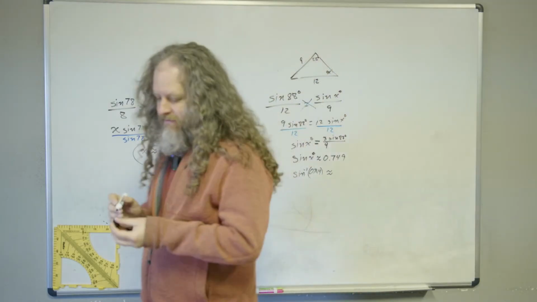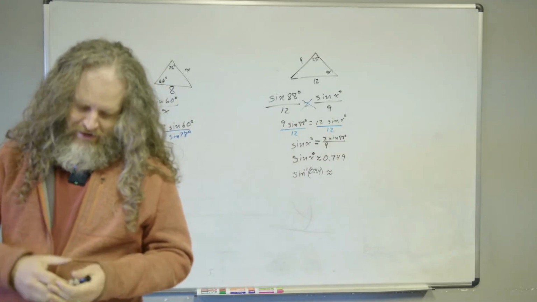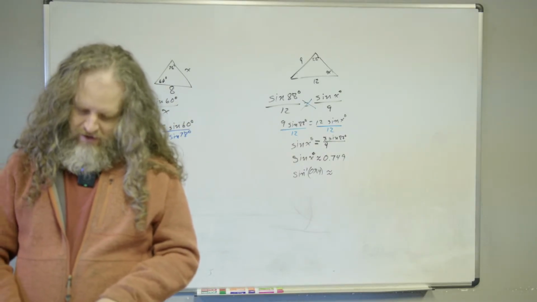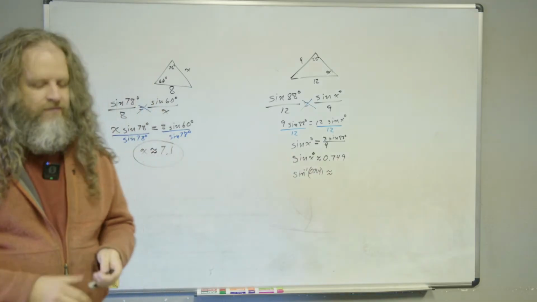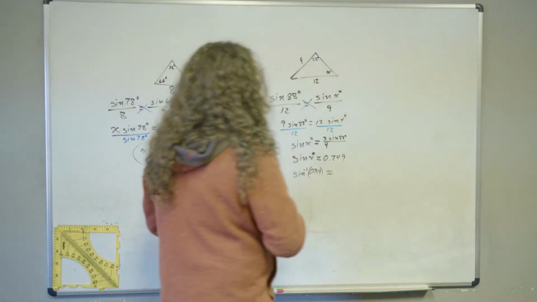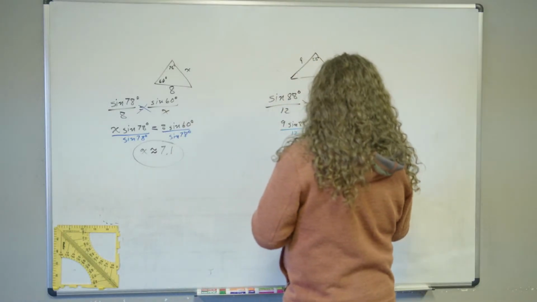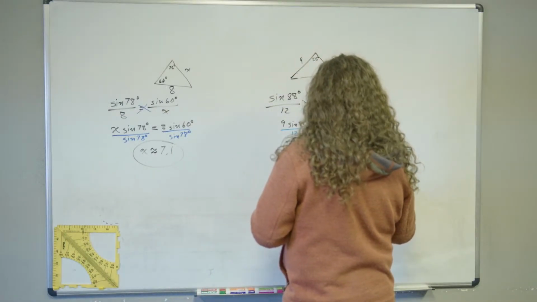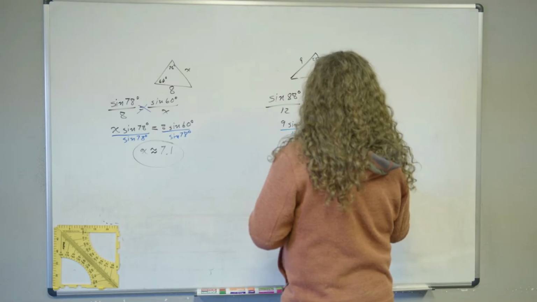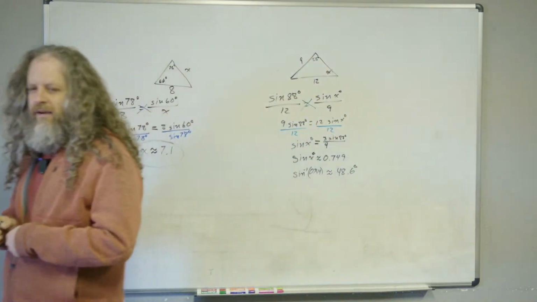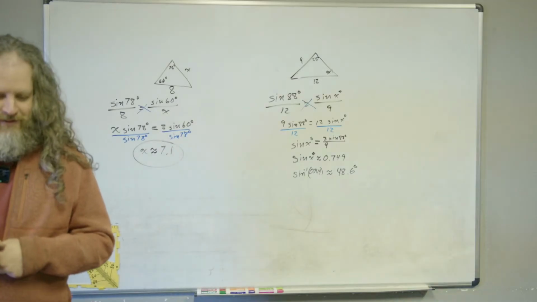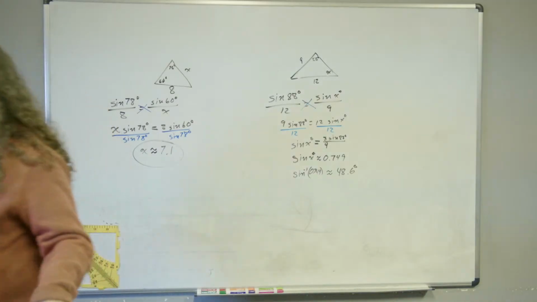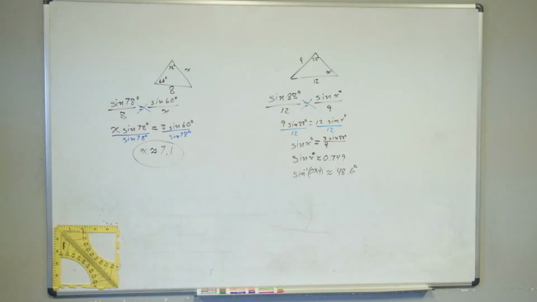Okay, so once we have that, we can hit inverse sine of the answer, enter. 48.6 degrees. What? I'm tripping? I don't think so. I think you're tripping. What'd you get?